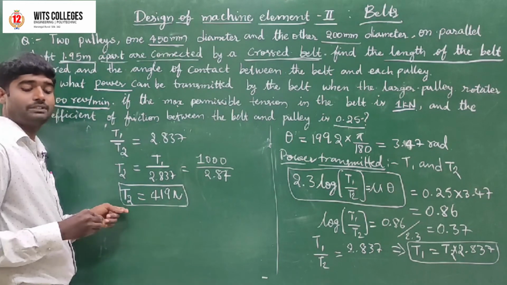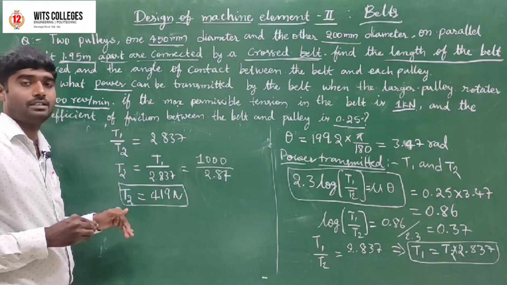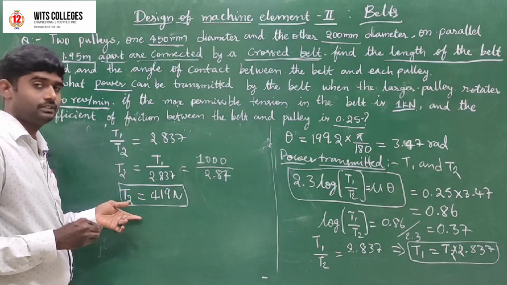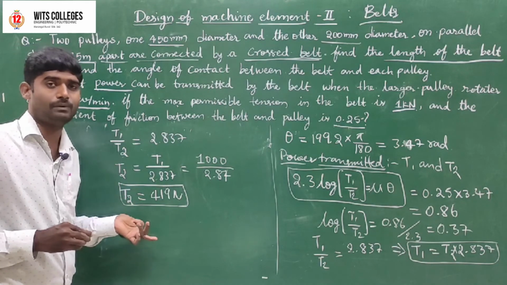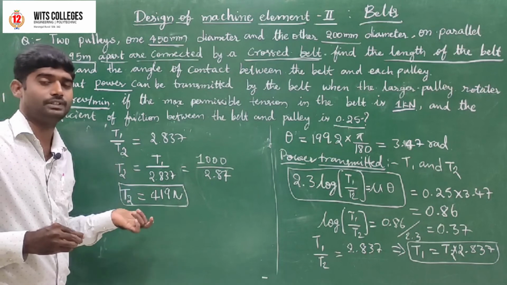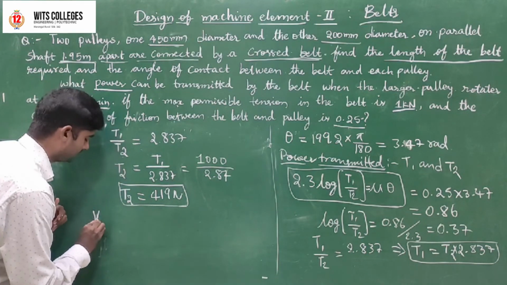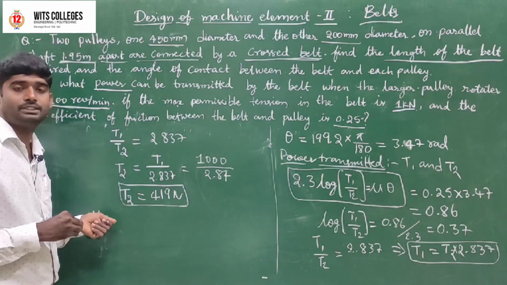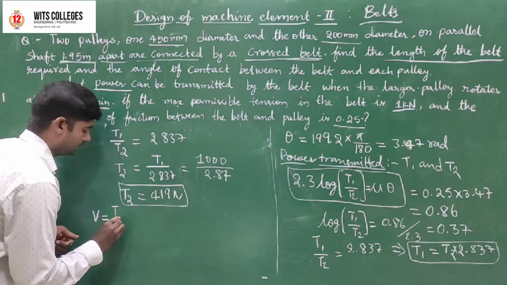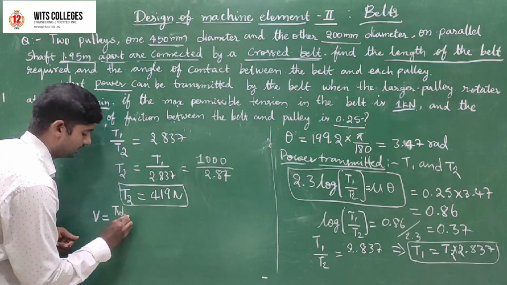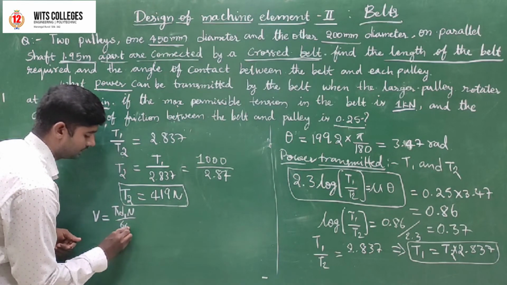So using this T1 and T2, find out the power transmitted. But if you want to find the power transmitted, we first of all find out the velocity also. Velocity V is equal to pi d1 n1 by 60.